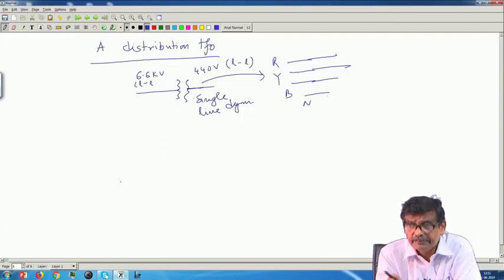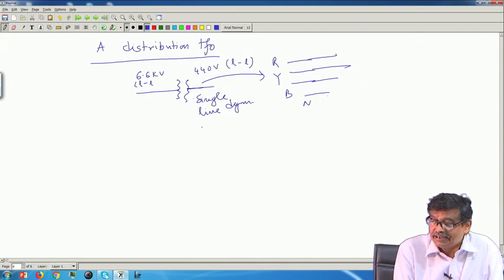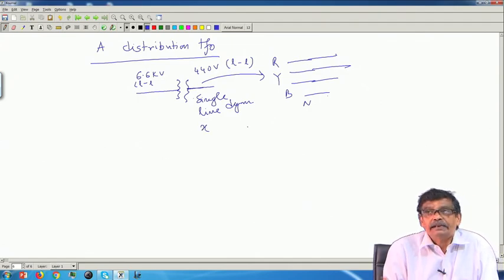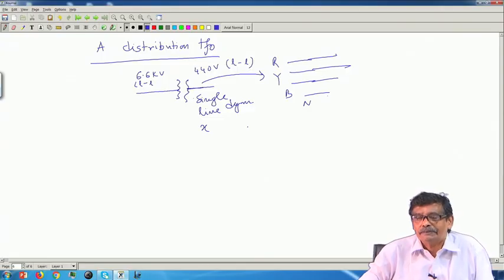Therefore, in such a scenario, what do I mean by load changing? x is changing, and it is not in my hand, it is in the hands of the consumers. It also depends on the season.